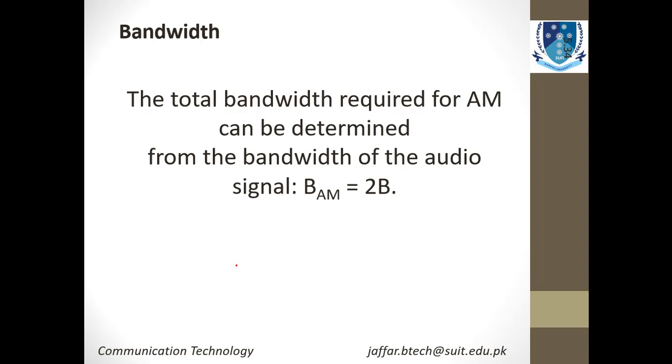The total bandwidth required for any amplitude modulation signal is determined by the bandwidth of the audio signal, that is 2B, also known as B_AM. That is, the bandwidth of amplitude modulation will be twice the bandwidth of the message signal. So it is a bit more as compared to other techniques.